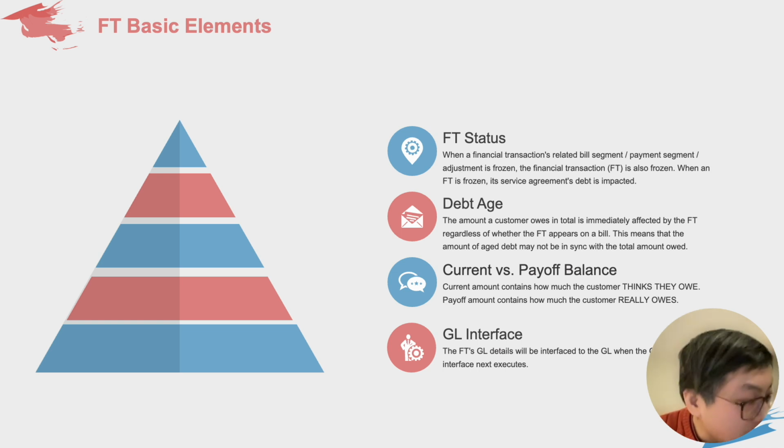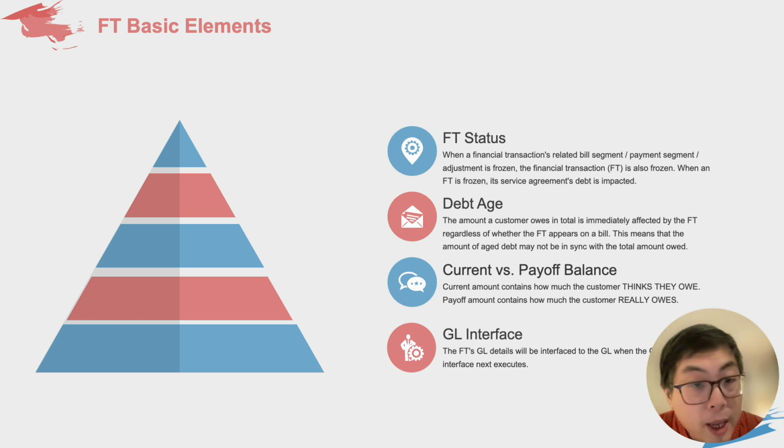What that actually means is the payoff amount is the amount the customer must pay before they clear the debt, clear the balance. But the current amount is how much needs to be paid at this point.